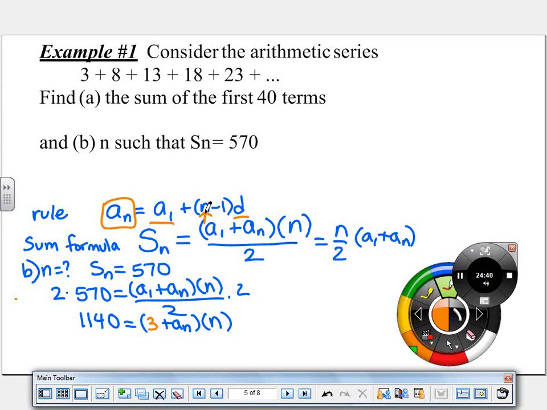So for this substitution, think about what the rule looks like with the first term and the common difference plugged in. And if you want to, you can even simplify it if you want to use it in a simpler way. So it ends up looking like 5n minus 2. So I can use 5n minus 2 in my problem instead of an.